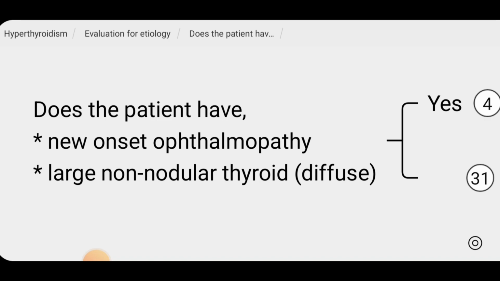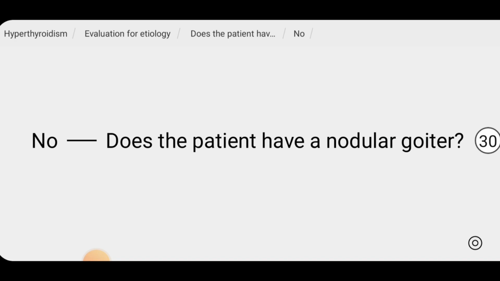If the patient doesn't have ophthalmopathy and also doesn't have a diffusely enlarged large thyroid gland, then we have to see whether the patient has a nodular goiter. If the patient has a nodular goiter, the diagnosis will be different.